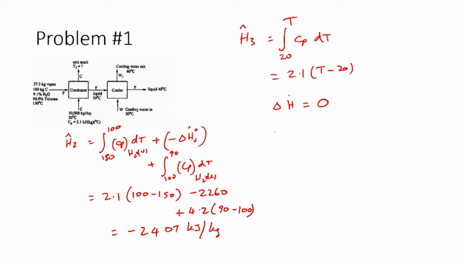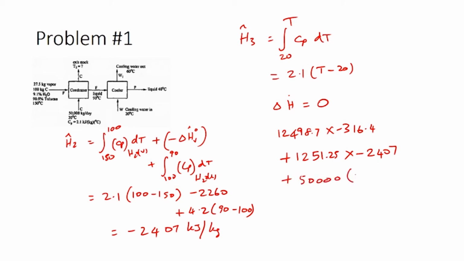So, your equation for delta H dot will become 12,498.7 times minus 316.4 plus 1251.25 times minus 2407 plus 50,000 times 2.1 times (T minus 20) equals 0.